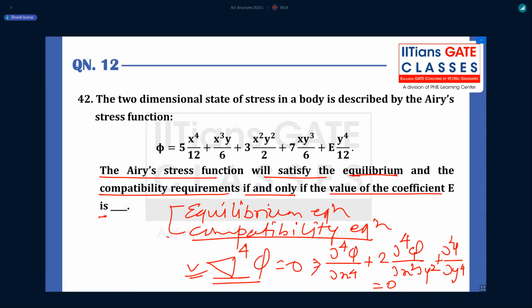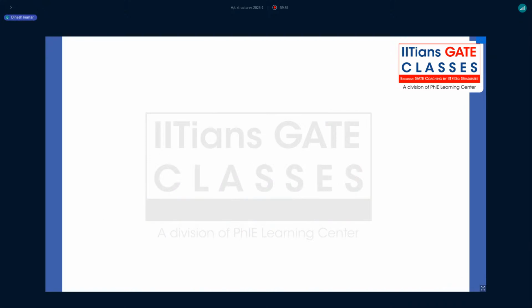Now guys, if you substitute this phi in this equation, you need to differentiate. When you differentiate phi with respect to x four times, d power 4 phi by dx power 4, what do you get?